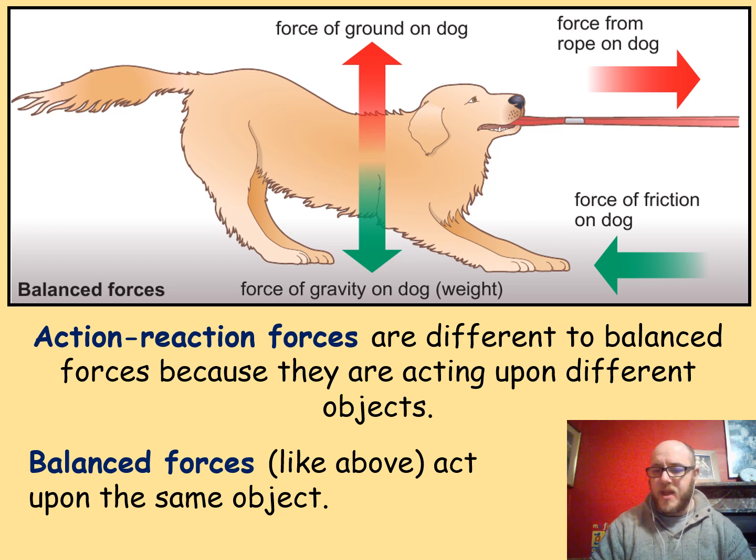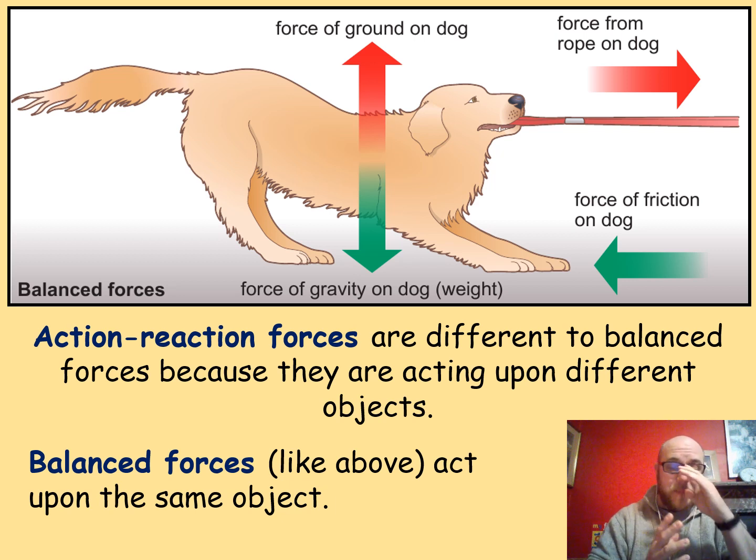Now this is probably the hardest concept of Newton's third law, the two different examples. When we're talking about action-reaction forces, we're talking about the forces of one object on another, and then the reaction force on the second object back on the first one. So we had the dog and the floor.